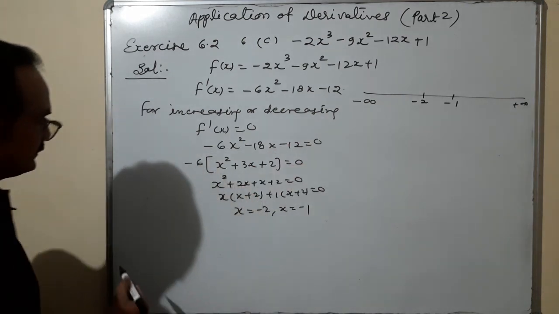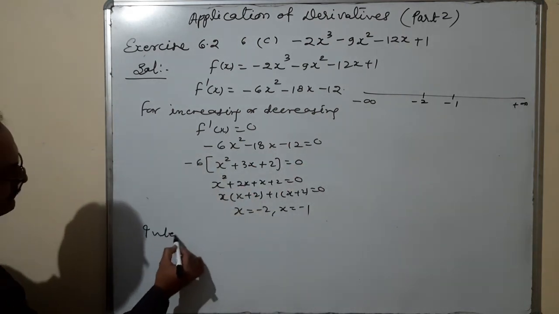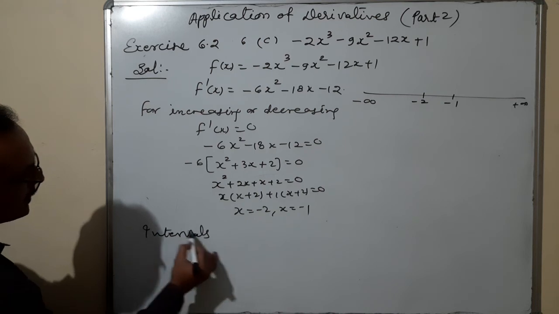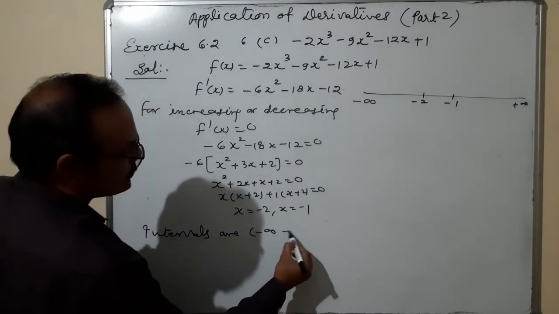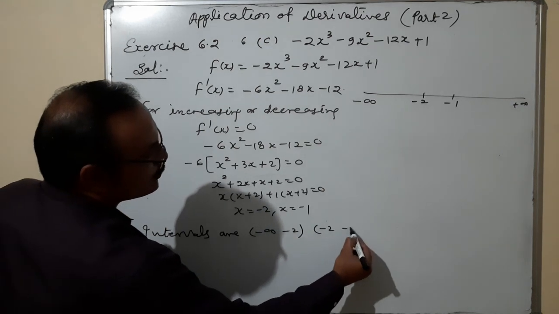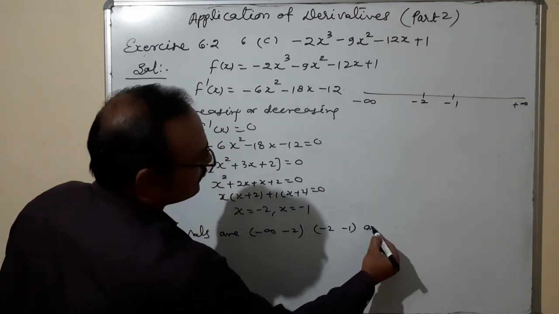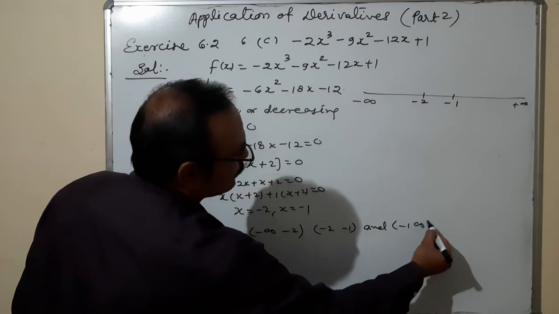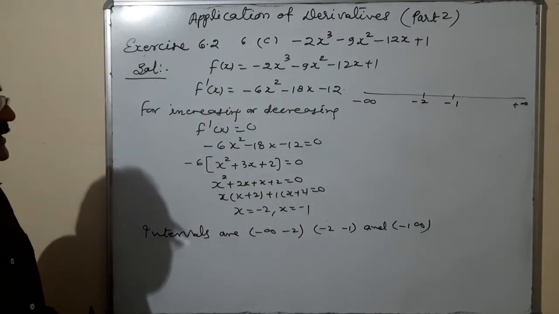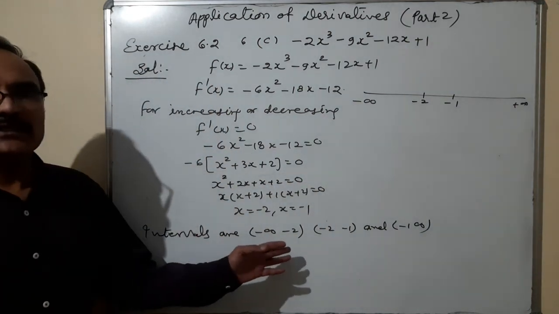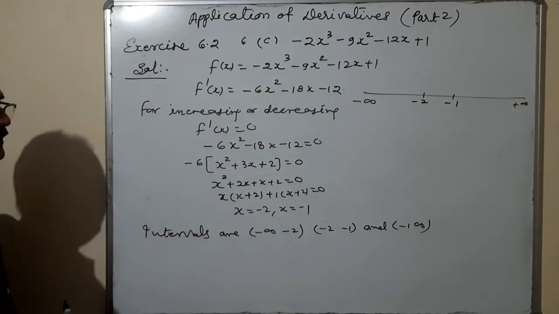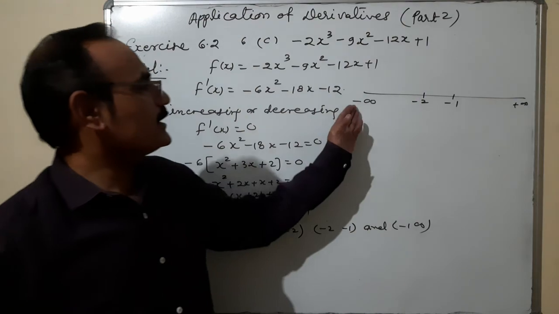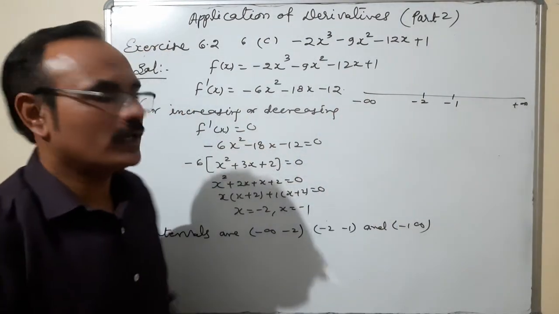The intervals are minus infinite to minus 2, minus 2 to minus 1, and minus 1 to infinite. Okay. Now let us check in which interval the function is increasing and which one is decreasing. Same procedure: from minus infinite to minus 2, we will select any one number.